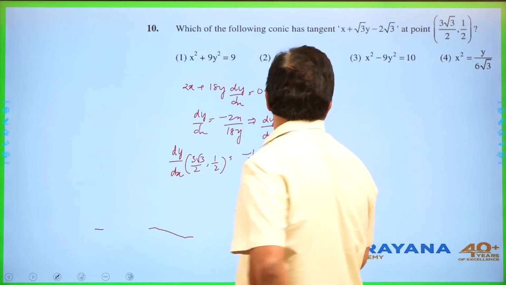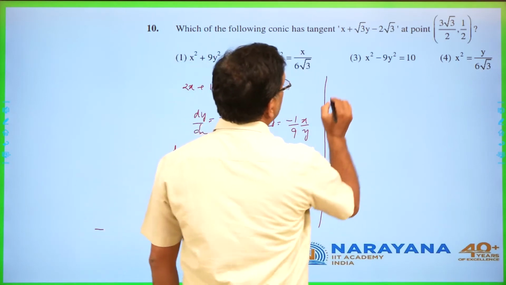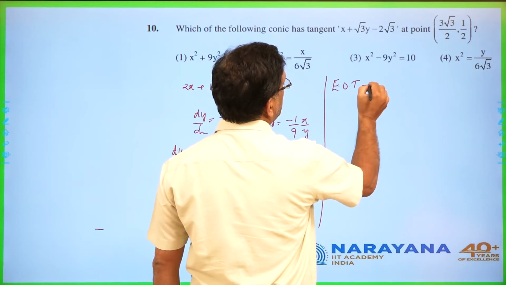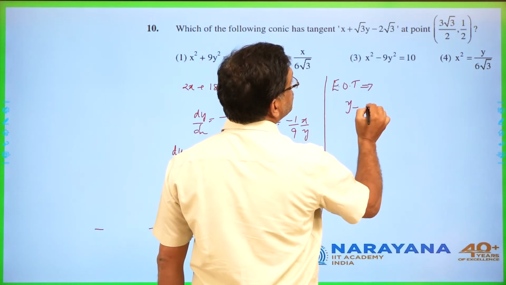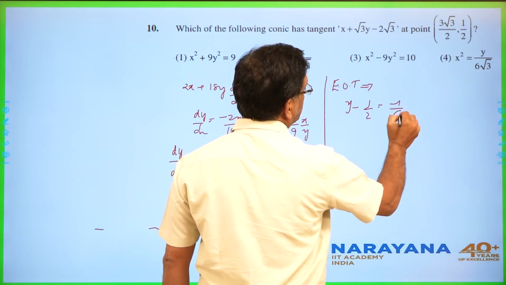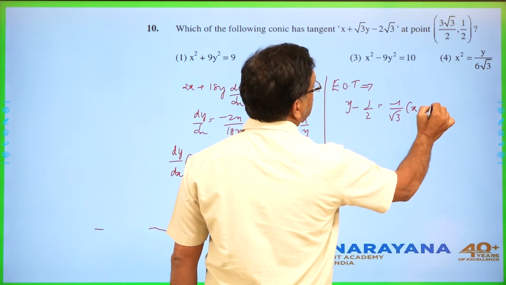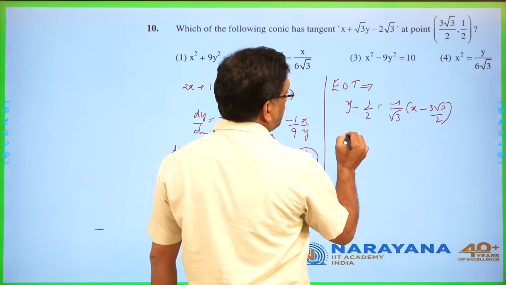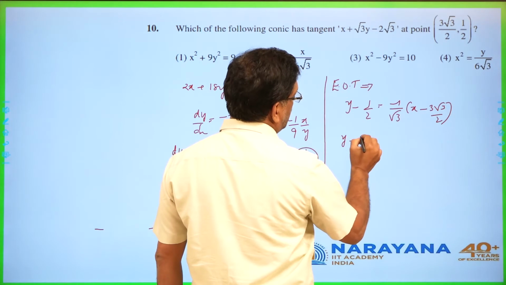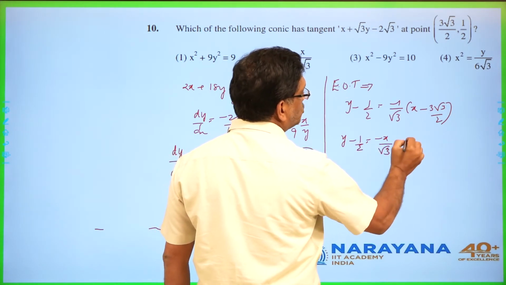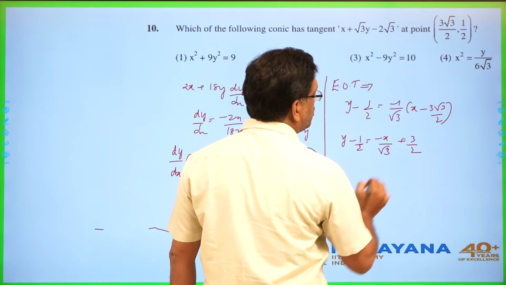Now we are going to write the equation of the tangent. Equation of tangent is y minus y1, that is 1 by 2, is equal to slope into x minus x1. Right? Let us take LCM or bring this term to this side. Minus 1 by 2 minus x by root 3 plus this is 3 by 2.